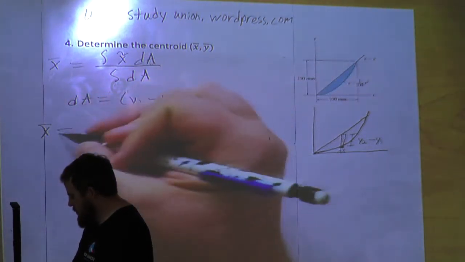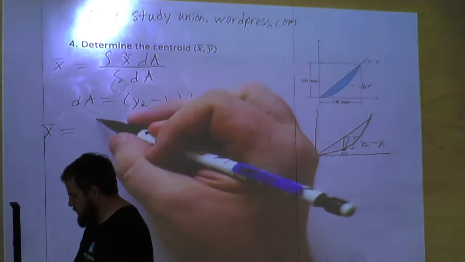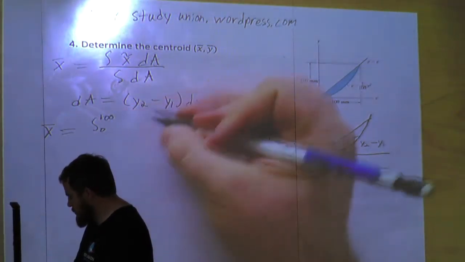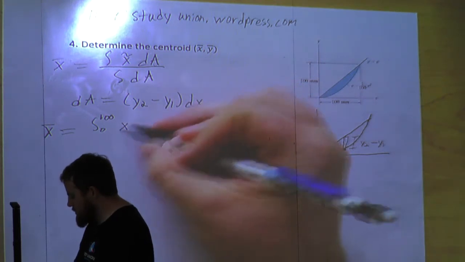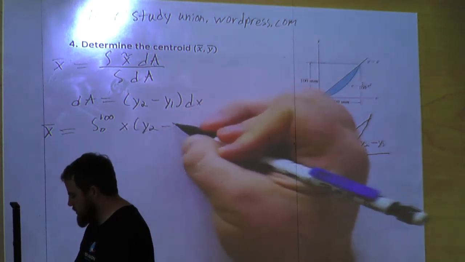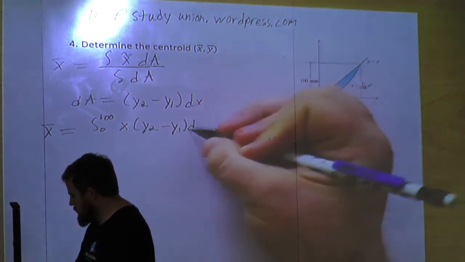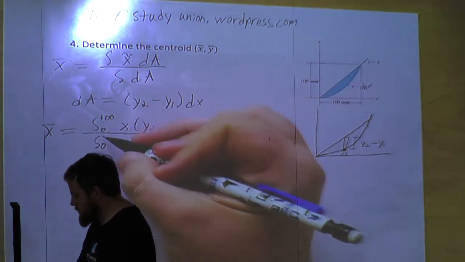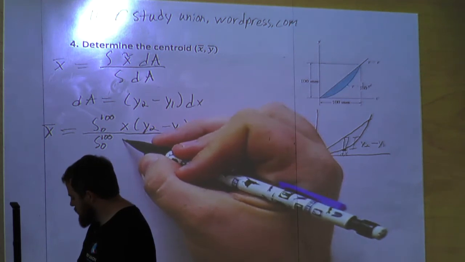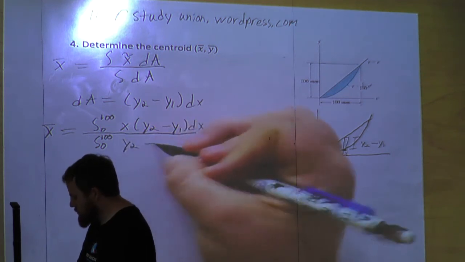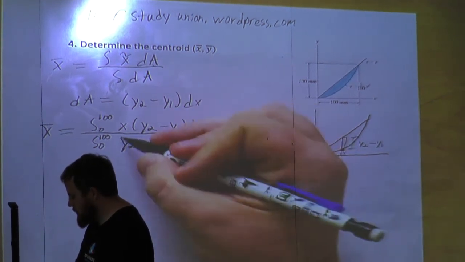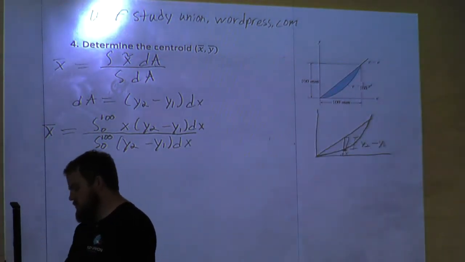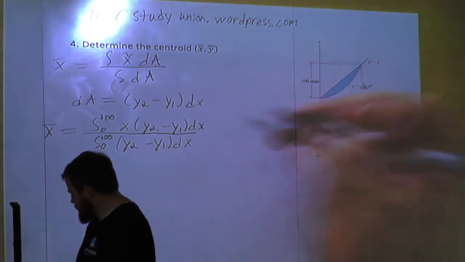X bar is going to be our integral from 0 to 100 of x, y2 minus y1 dx over the integral from 0 to 100 of y2 minus y1 dx. So now we need to change these y's so that they're in terms of x, right?